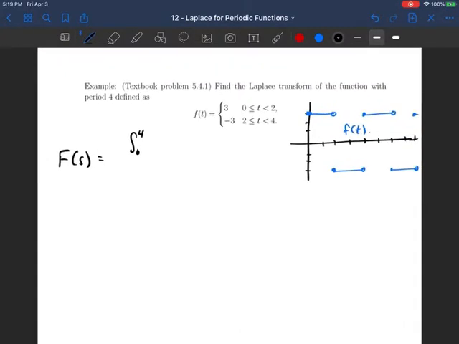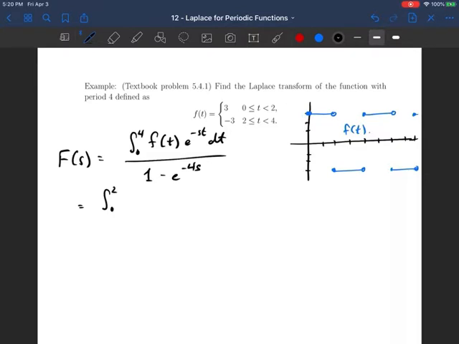So what is the formula for F of s? Well, what we've just seen is that it will be equal to the integral from 0 to 4, the period 4, of f of t e to the minus st dt over 1 minus e to the minus 4s. All right, so let's see what we can do there.